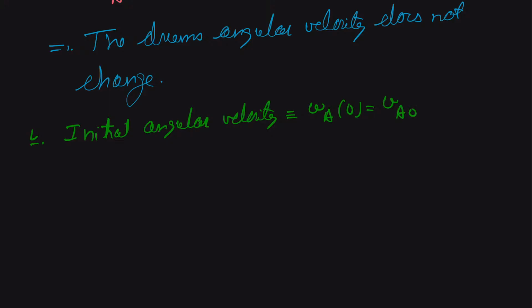Okay, so if it is not going to change, then this ω_A naught should be equal to our ω_A(t), which is our angular velocity at a certain time t.